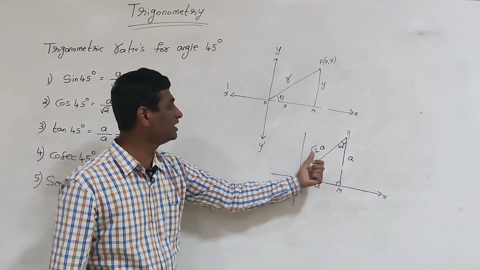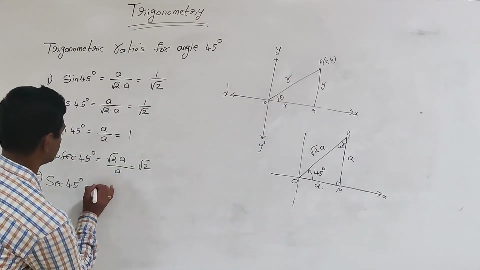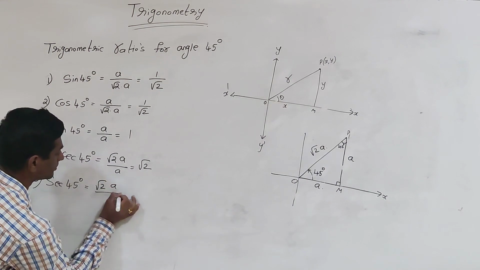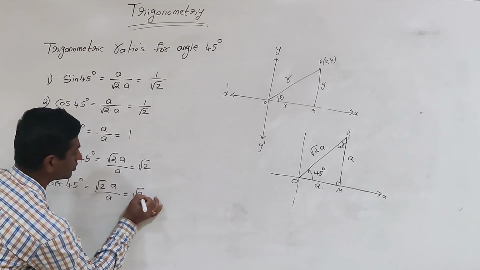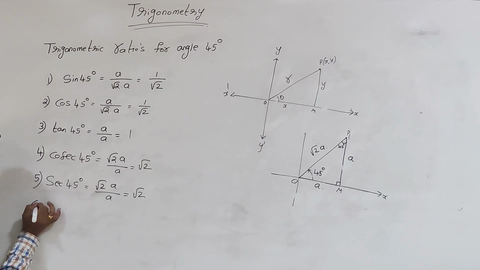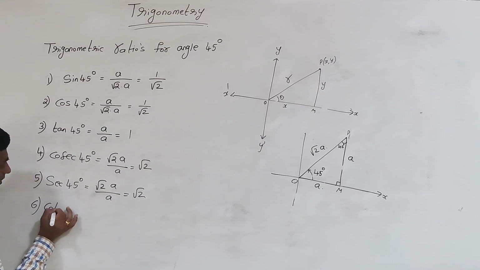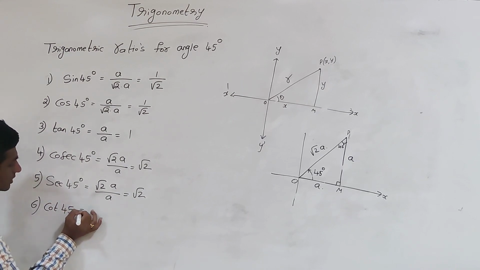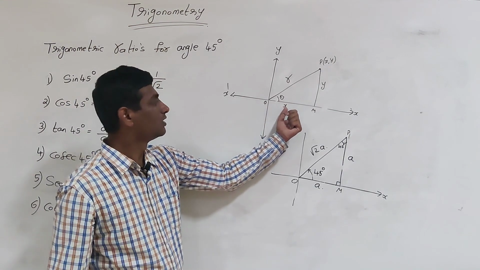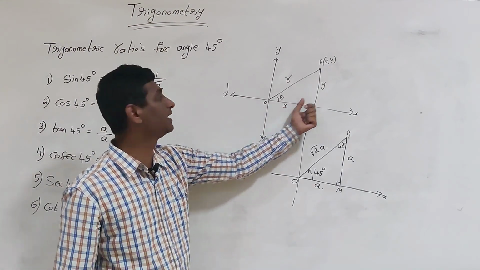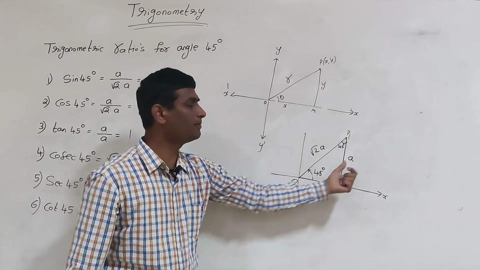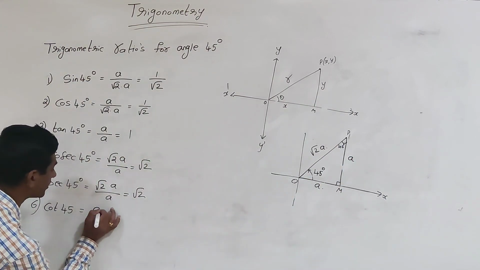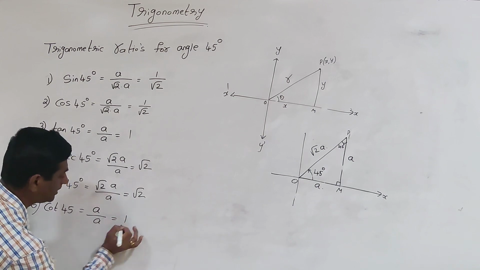So here it will be root 2A by A. So again it is root 2, A gets cancelled. Sixth one, cot 45. Cot 45 is adjacent side of theta by opposite side. So A by A. So it is again 1.